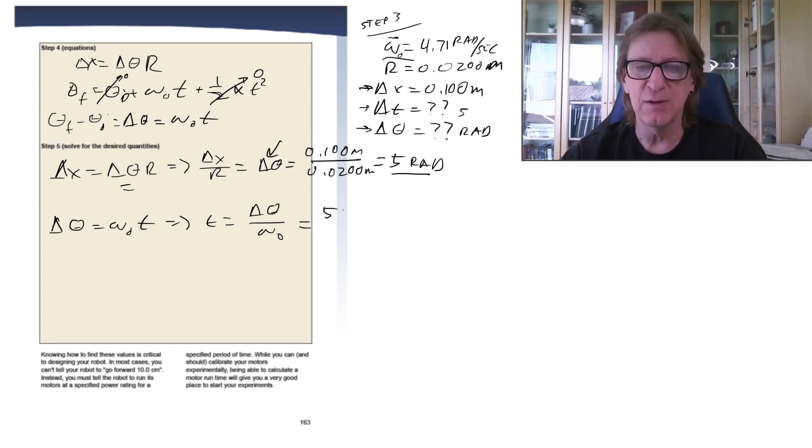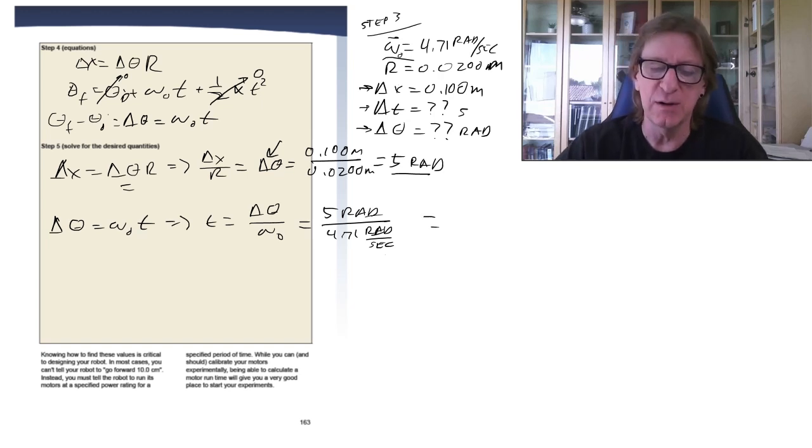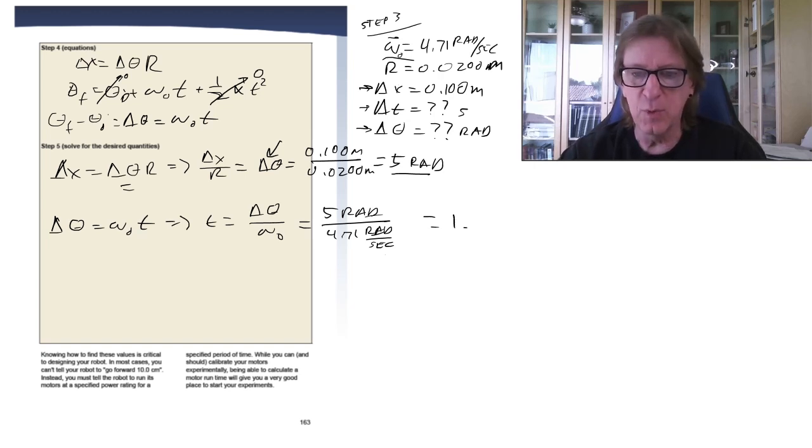So it's going to be 5 radians divided by 4.71 radians per second. You see why I need both of those in radians. So now when I flip, my radians are going to cancel. I'm going to be left with seconds. So let's put that in our calculator. So 5 divided by 4.71, and we get 1.06 seconds.